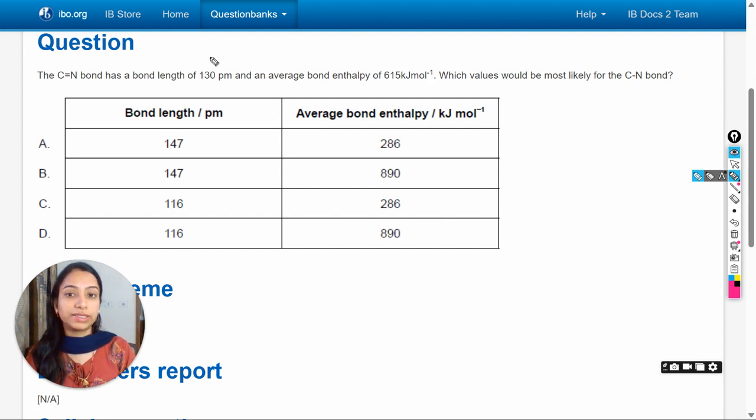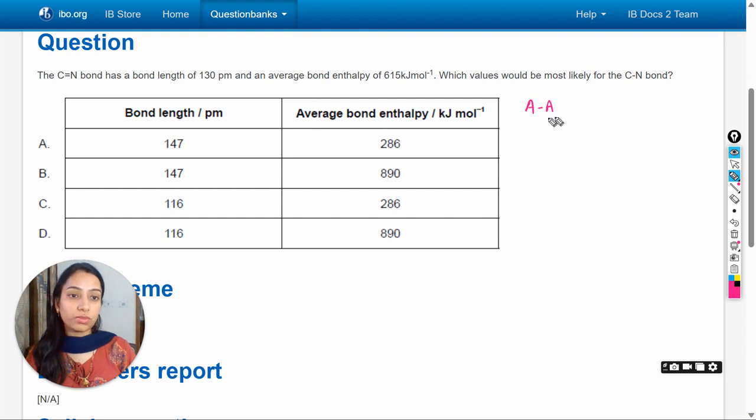Firstly we have to understand that the bond length is highest in case of single bond. Let's say this is a molecule in which A-A bond is there.